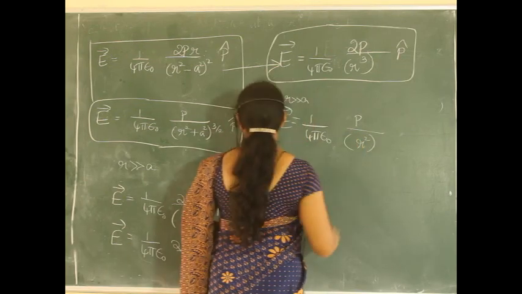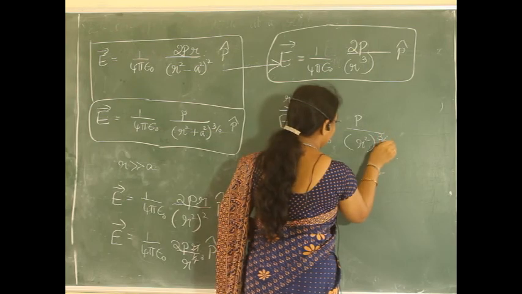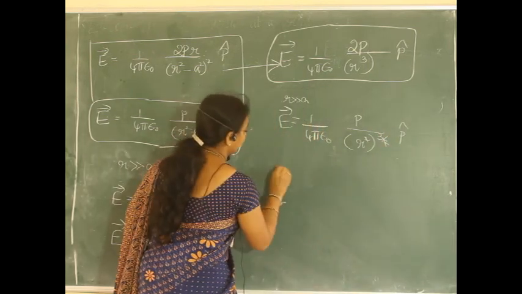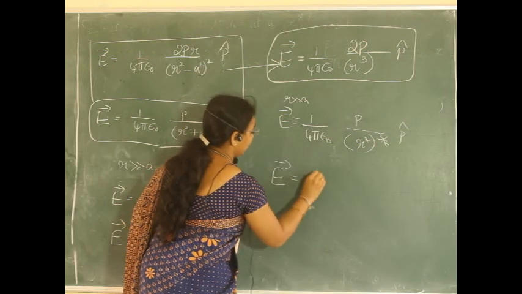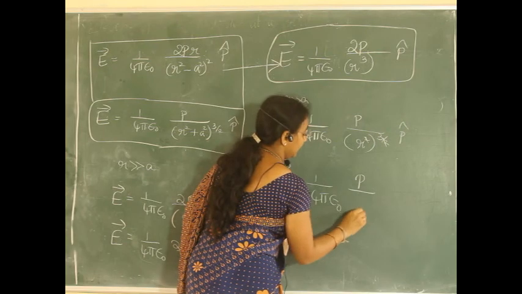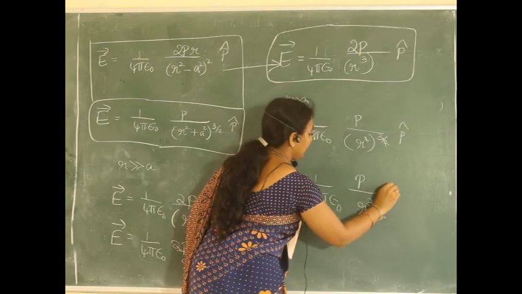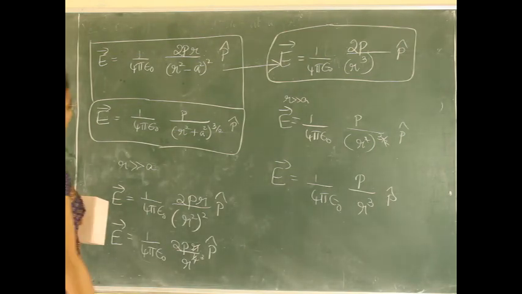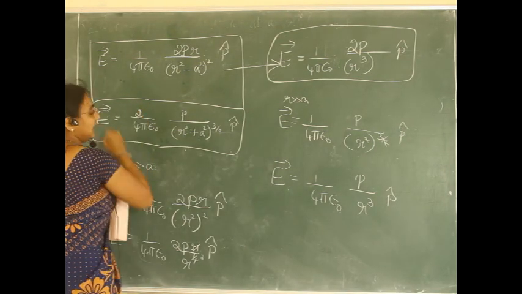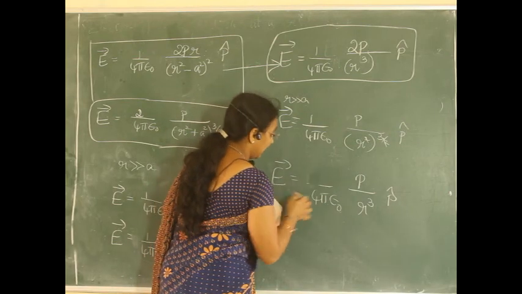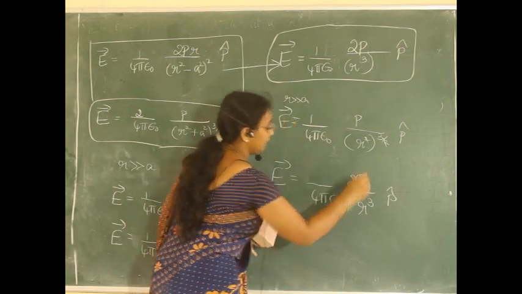So R squared to the power 3 by 2, into P cap, and this will get cancelled. So E vector is equal to 1 by 4 pi epsilon naught, P divided by R cube, into P cap. This is the expression we get. What changes here? The 2p, correct? So here also I can write it as 2p.